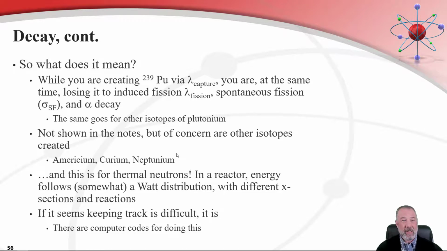Now, it's not shown in the notes, and it's not shown on the Excel spreadsheet, but you're not just making those plutonium isotopes as you leave your material inside of that neutron environment. You're going to start producing some other stuff that's much higher up on the periodic table. And this includes things like americium, curium, neptunium, californium, and then some even higher stuff.